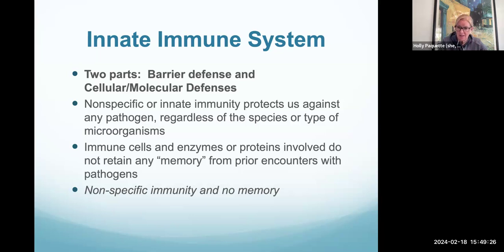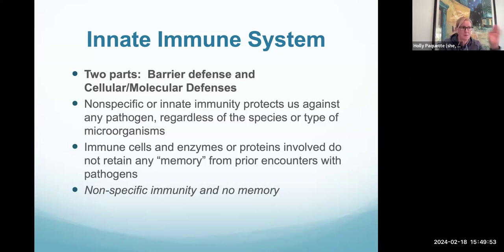And so the immune cells and enzymes that are involved in the innate portion don't actually have any memory from prior encounters with it, and therefore treat everything the same, just as a foreign invader. This will be different when we get to the adaptive immunity or the third line of defense. So the key thoughts on the innate immune system are that it's non-specific and there's no memory.